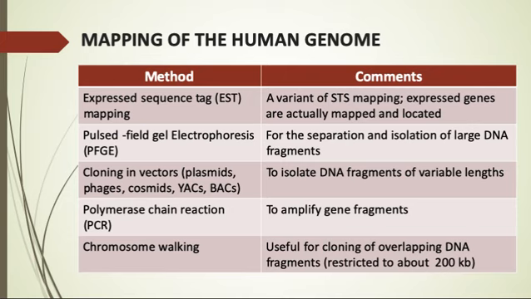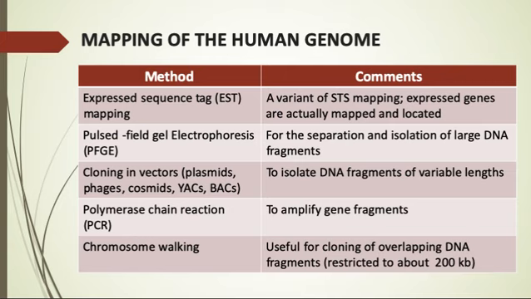Then you have cloning in vectors, that is plasmids, phages, cosmids, yeast artificial chromosomes (YAC) and bacterial artificial chromosomes (BAC). These are used to isolate DNA fragments of variable length. Then you have the polymerase chain reaction, that is PCR, to amplify the gene fragments.